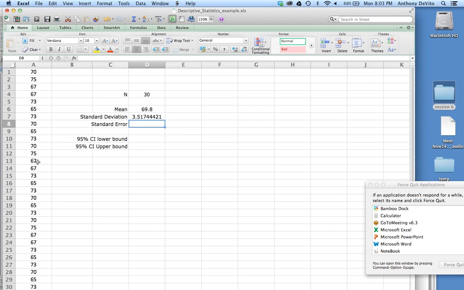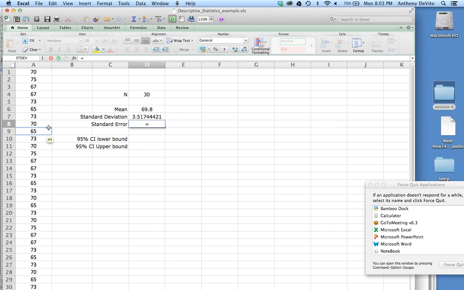Now, let's calculate, if we took sample sizes of 30 over and over and over again, what would be the standard deviation for that sampling distribution, repeated samples of size 30? Well, that's going to be equal to the standard deviation of the population divided by the square root of n. Do I know what the standard deviation of the population is in this case? All I know is the standard deviation of the sample, not of the population.